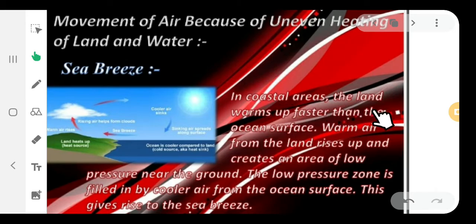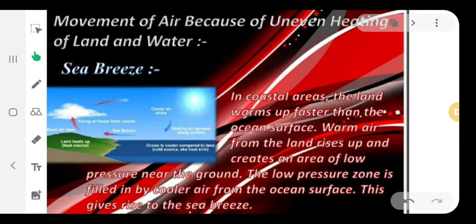In coastal areas, the land warms up faster than the ocean surface. Coastal region means which are having the coastline near its boundary. Warm air from the land rises up and creates an area of low pressure near the ground. The low pressure zone is filled in by cooler air from the ocean surface. This gives rise to the sea breeze.